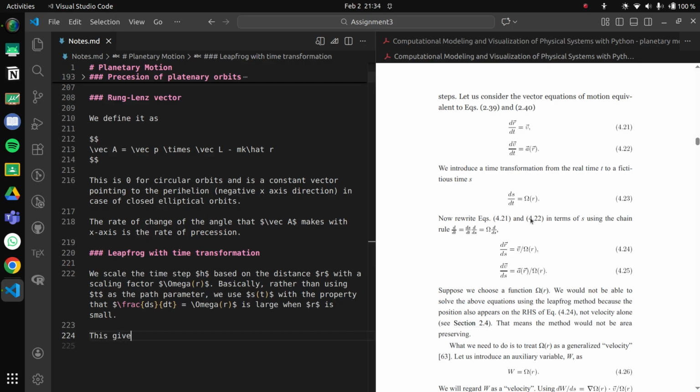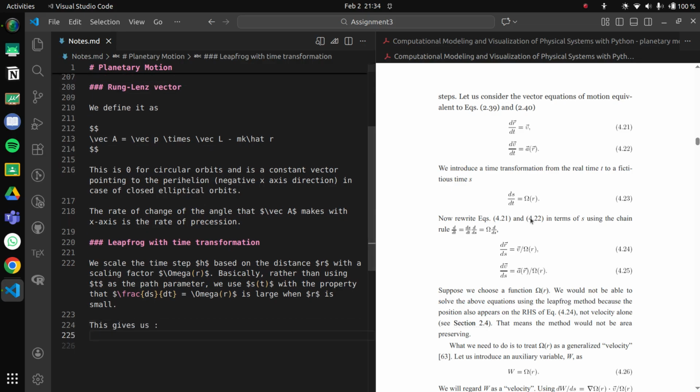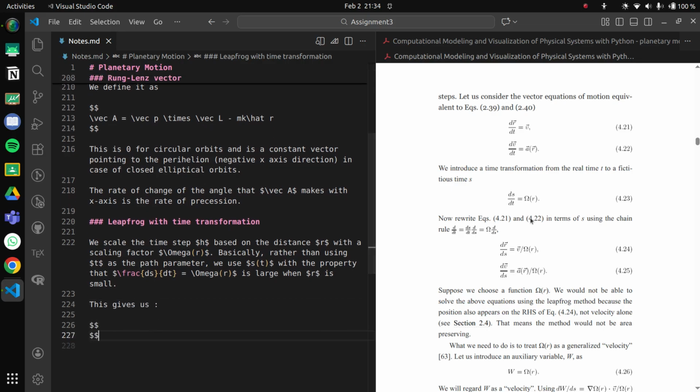This gives us, so now the update equations are these. Rather than figuring out how things change with t, we want things to be a function of s, because s is in the end a function of t, right? Yeah. So what we have is something like this.